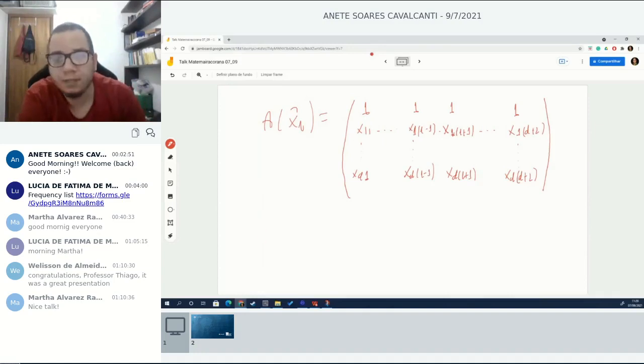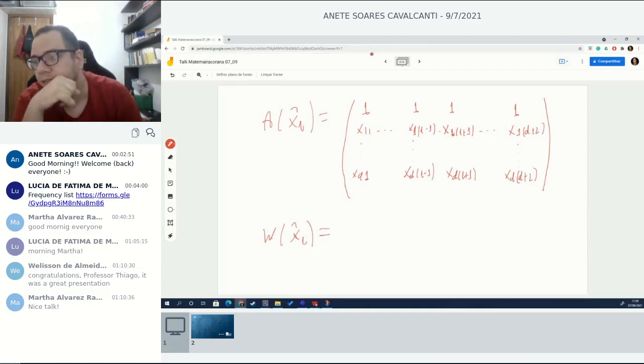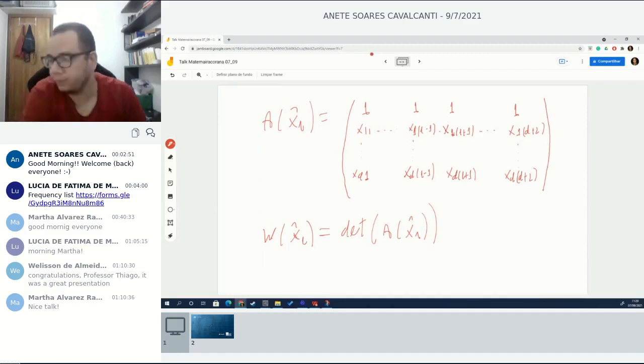Okay, and we consider the determinant of this submatrix, and these quantities: omega xi hat is given by the determinant of the matrix A xi hat.